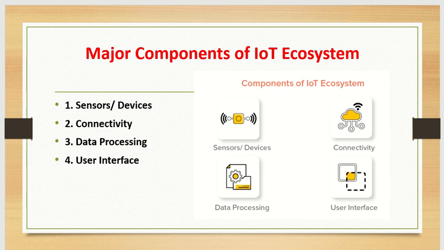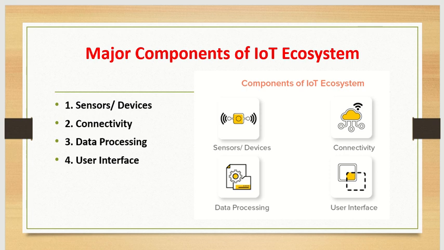For example, they could measure temperature, humidity, motion, light. These sensor devices gather information from the environment and turn it into digital data that can be used by the system. So from the name itself we can tell the sensor can sense the data from the environment.